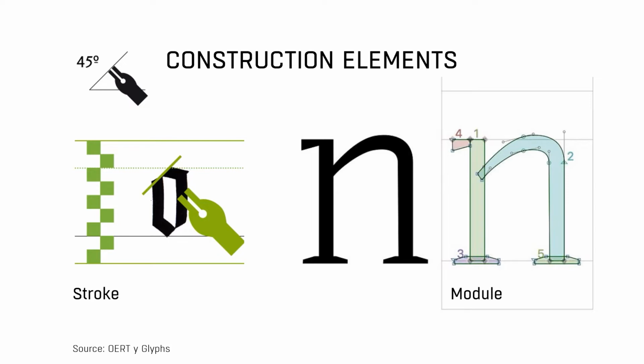A stroke and module become the two main elements in drawing letters, one manually and the other in a systematic way. The first depends on the movement, the instrument with which it's made, the angle and the pressure. The second, the design of predefined forms that combine with each other.